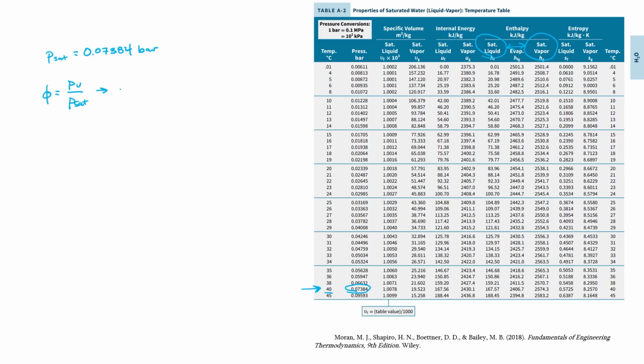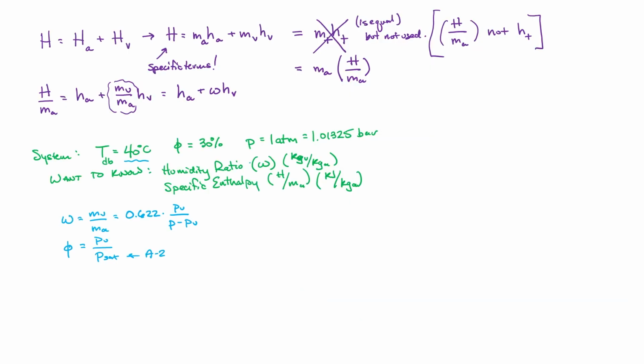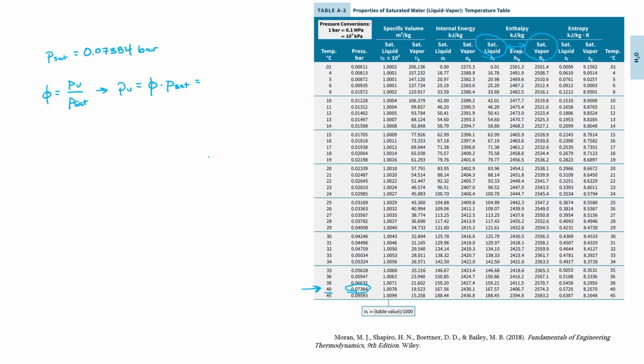So my PV is going to be phi times my saturated pressure, which I was given a phi of 30%. 30% is 0.3 times my P saturated, which I just got as 0.07384 bar.